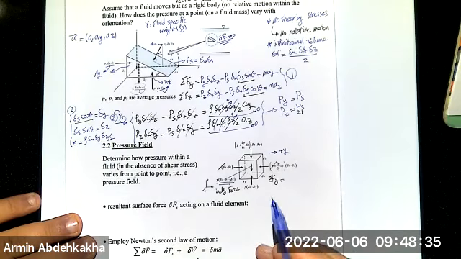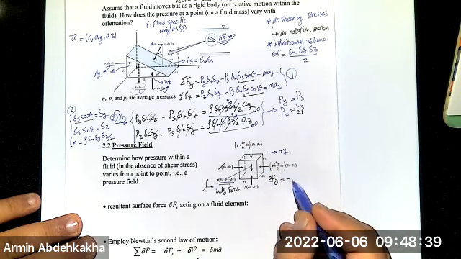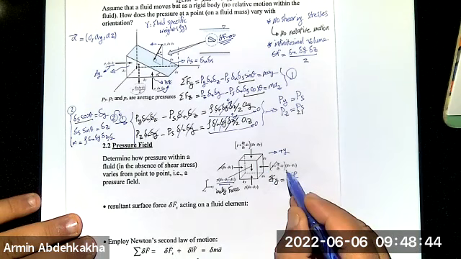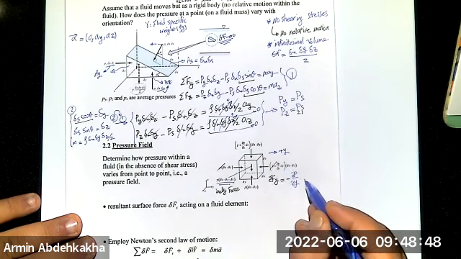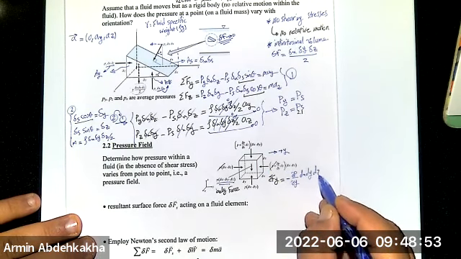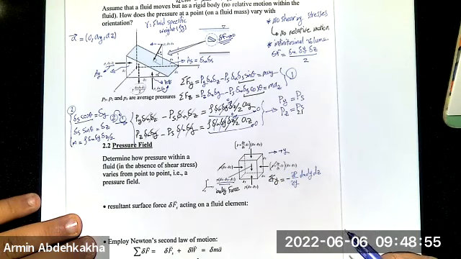The only thing that I have, because that's in the negative direction, is minus derivative of Py with respect to y, delta x delta z. I can write everything as a delta or d, so dx, dy, dz.